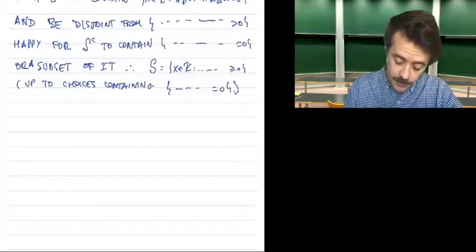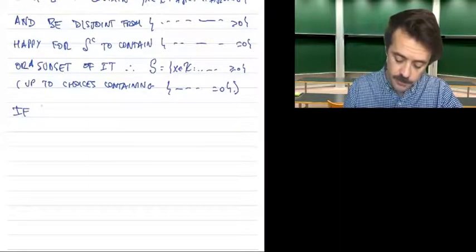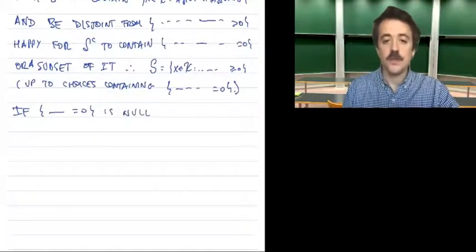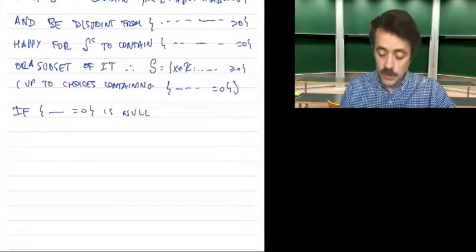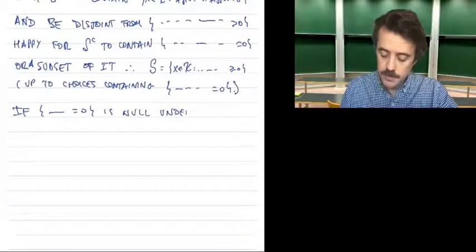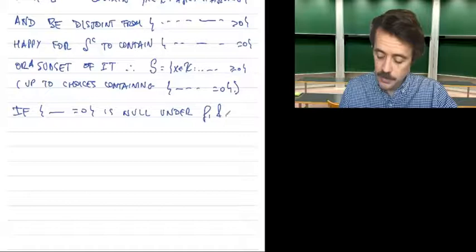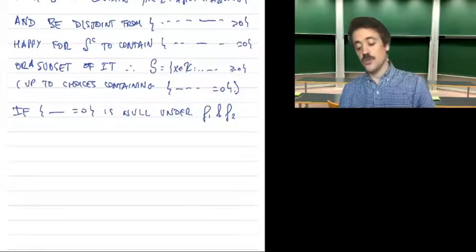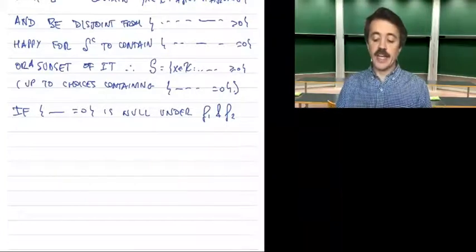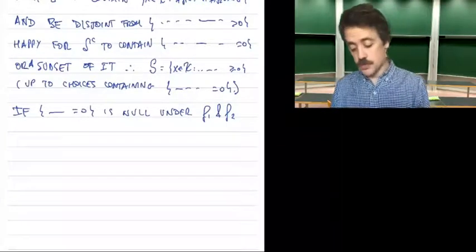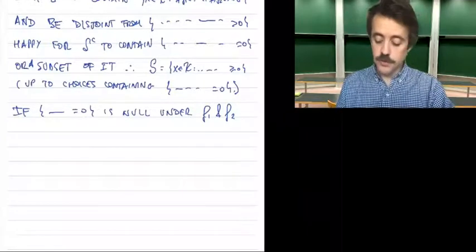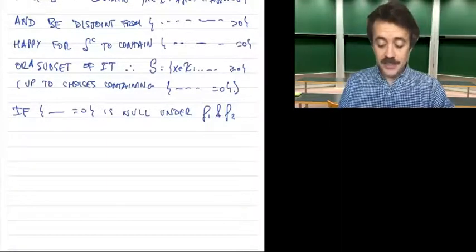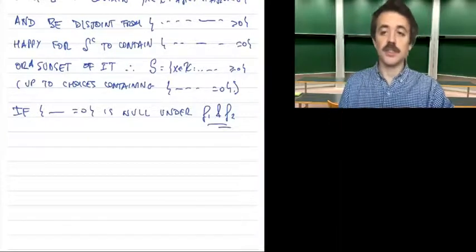Okay. So this shows the first part, right? And then for the second part, if this set that we're looking at is null, so it has probability 0 under F1 and F2, then what will happen is that we could be changing this calligraphic S up to these changes in the choice of what subset to take of this equality to 0, but this will not change the classifier, at least under the measures that these give rise to.